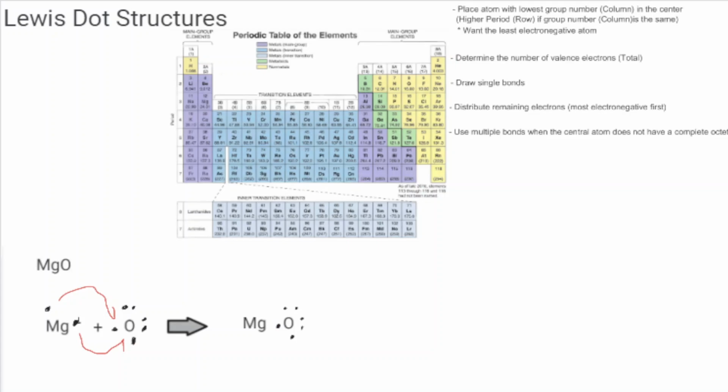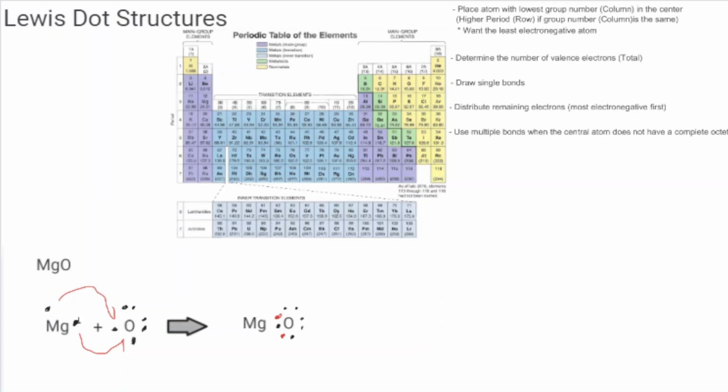And I'm going to go ahead and draw these other 2 electrons that came from the magnesium in red, just to help highlight where they came from. But now you can see that we have 8 valence electrons around oxygen and no electrons around the magnesium.